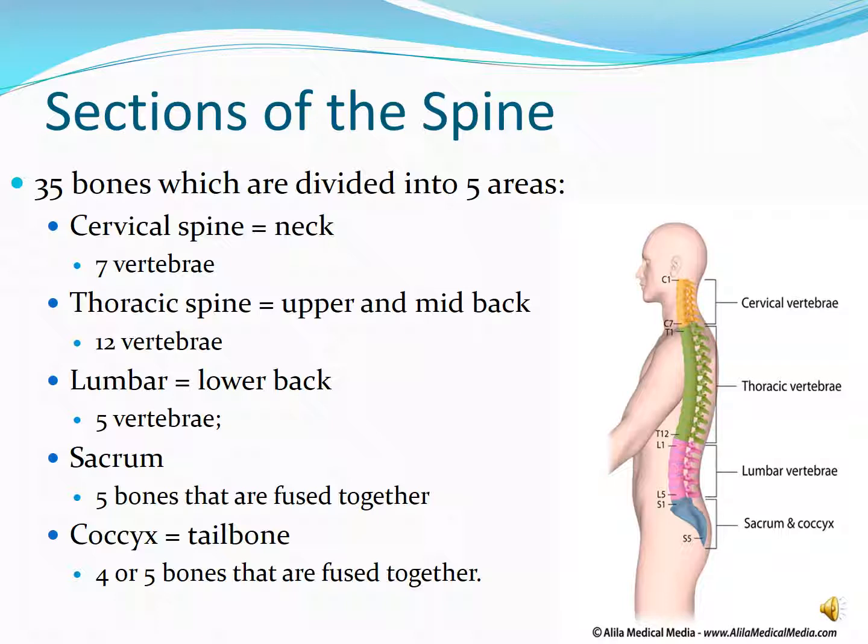Just so you could understand different terminology you will come across, we tend to number these different vertebrae. So if you hear somebody talking about, oh, at C5, I have a disc herniation at C5, you would know that they were talking about the 5th cervical vertebra. So we'll talk about C and then a number, which is cervical.